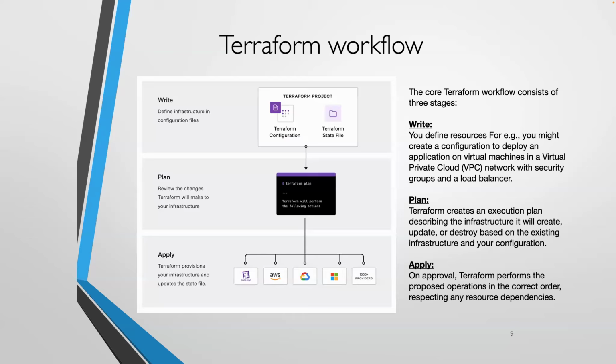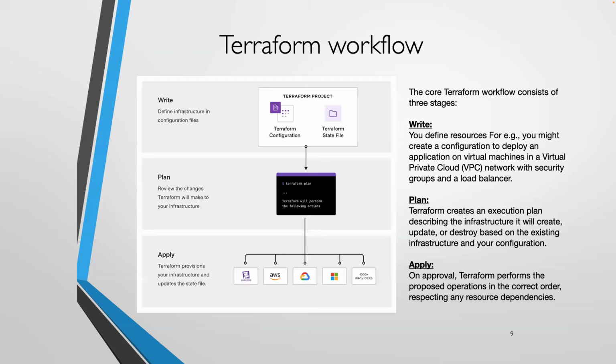So now let's try to understand how Terraform really works. You can categorize them into 3 different stages. The first stage is write. That is where you're going to define your infrastructure changes in Terraform configuration file. You would be using HCL language in order to create your infrastructure changes.